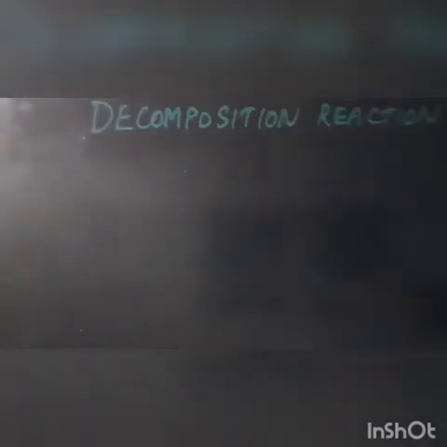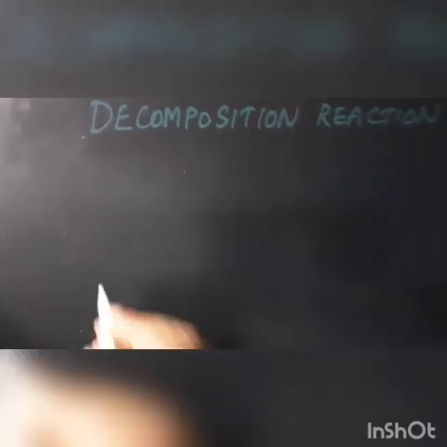Now the next type is the decomposition reaction. Second type is the decomposition reaction. In this reaction, a compound splits into two or more substances. It is just the reverse of a combination reaction.